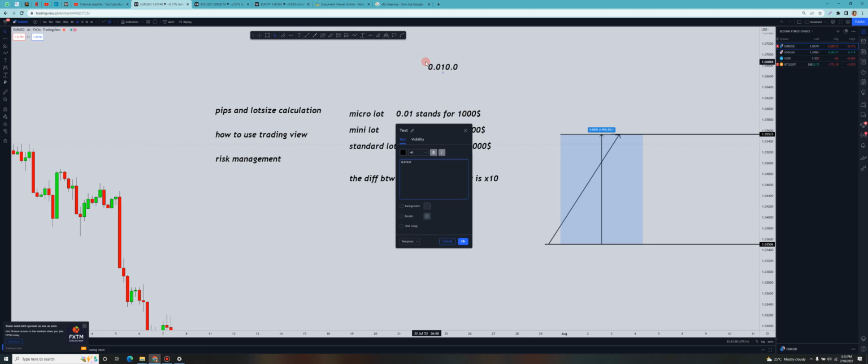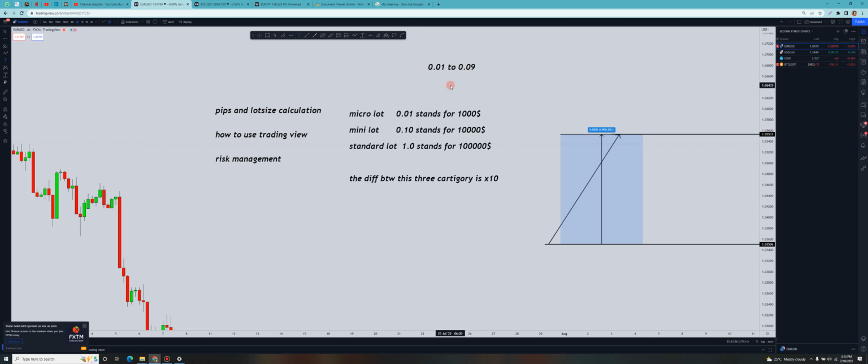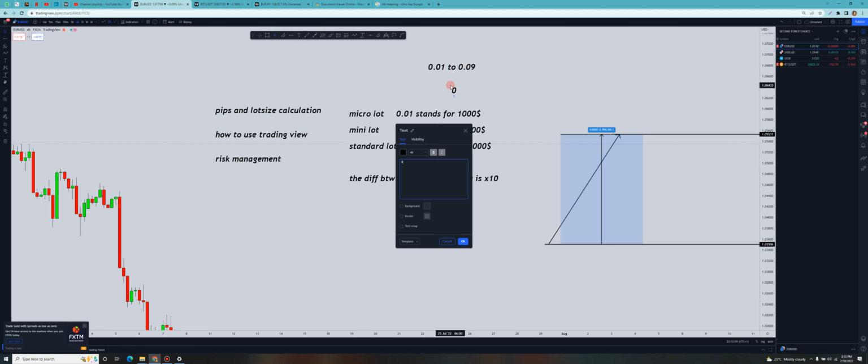So now the next thing you want to know is that micro starts from 0.01 to 0.09. That's micro lots. Because after 0.09, approximately you have 0.1, right? So that means the mini lot size starts from 0.1 to 0.9.